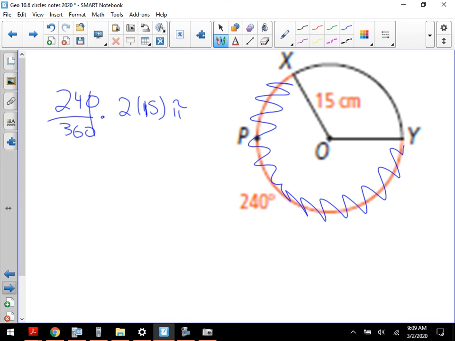You zip this through. This becomes 18 divided by 3 gives you a 6 and an 8. Wait, that's not 8. Yeah, it is. That'd be 2, 3, 4, and then 60.